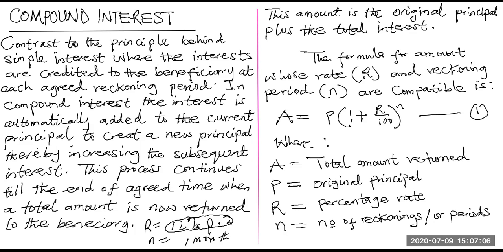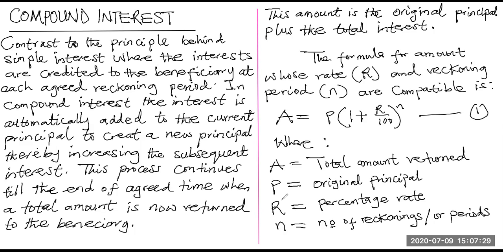So all you need to do is convert this rate to a monthly rate by dividing it by 12, since there are 12 months in a year. So you get the rate for 1 month. And you now use the rate for 1 month with the N, your reckoning, which is taking place every month, and now solve. That's what I mean by N and R being compatible.